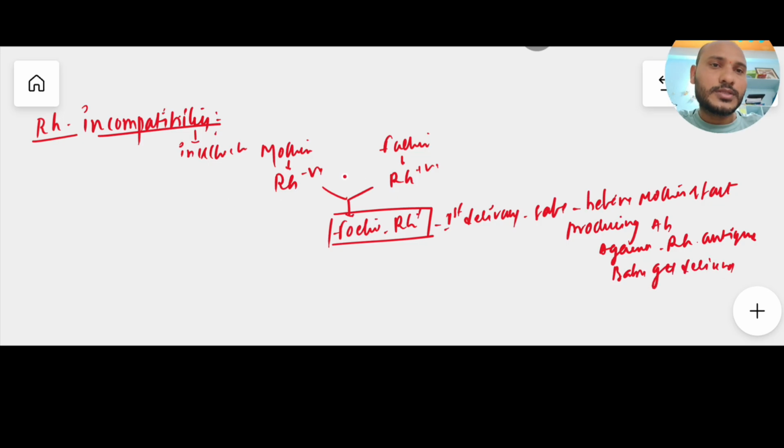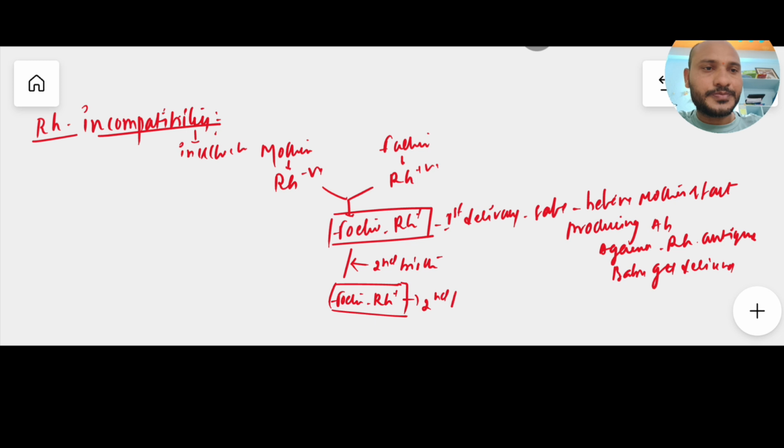If these two persons carry a second birth, and again the fetus has Rh positive blood group, then the second baby developed Rh antibody in the mother.